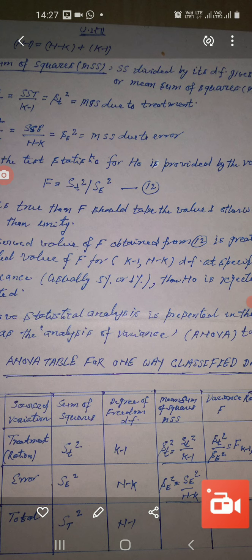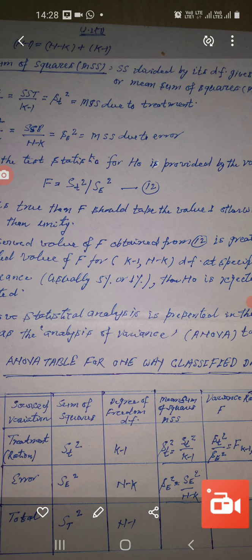In the first row we write source of variation, sum of squares SS, mean sum of squares MSS, degree of freedom DF, and lastly variance ratio F.